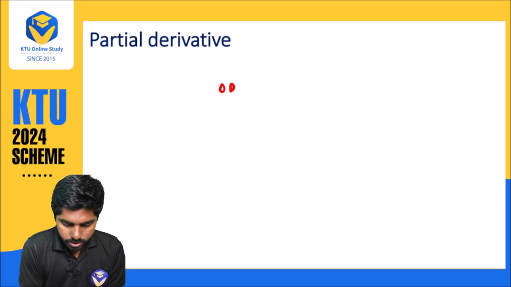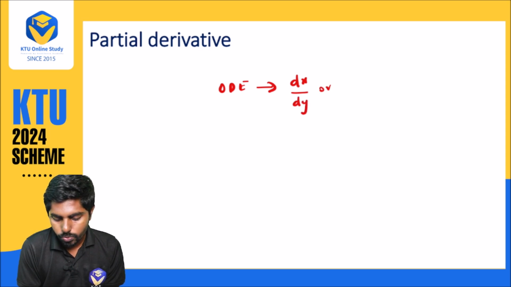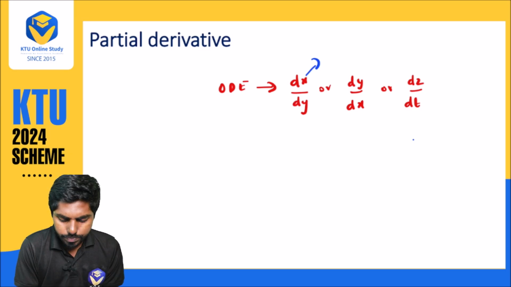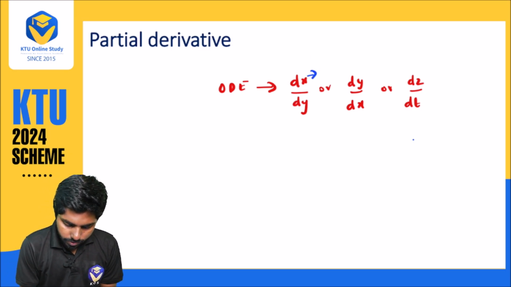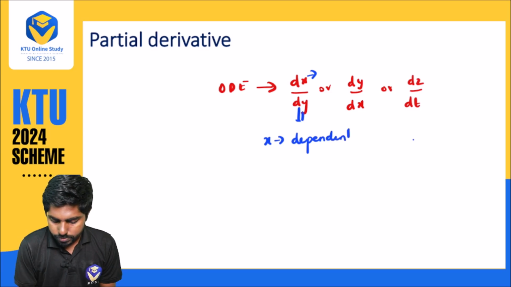Ordinary differential equation means it is dx by dy, or we can also say dy by dx or dz by dt. If you observe here, in the first case I am saying x is the dependent variable.